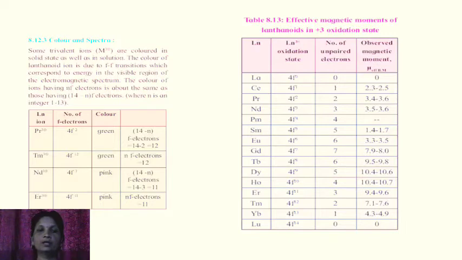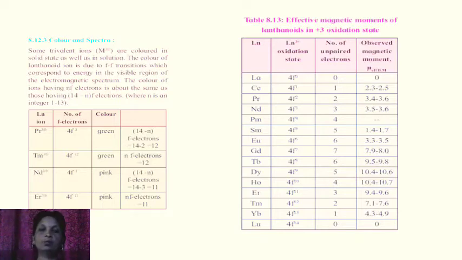The color of an ion having n f electrons is about the same as those having 14 minus n f electrons, where n is an integer in the range 1 to 13. For example, if we consider Pr+3, then the number of f electrons is 4f2. The color of the ion is green.